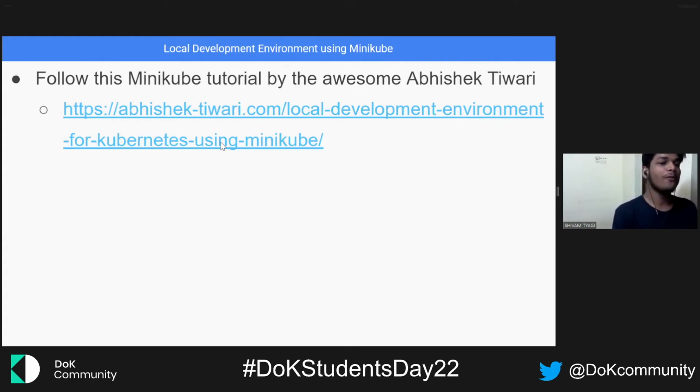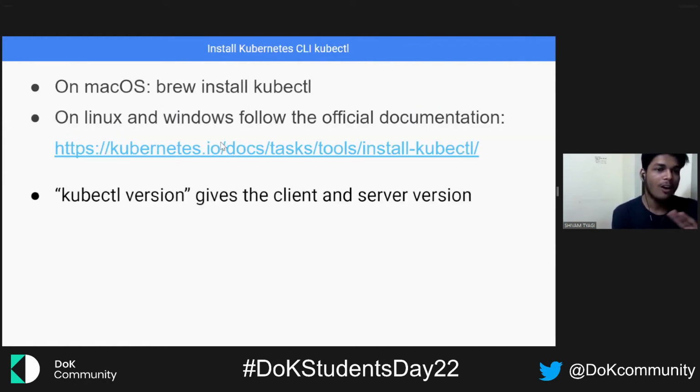So if you want to say, hey, this looks amazing, but I don't know where to get started with Kubernetes and Minikube, you can go to the link. There is everything. Abhishek Tiwari is there with all of the best tutorials on Minikube. On macOS systems, considering I will definitely have a variety of audience, to install kubectl you can run the commands as pre-install kubectl.